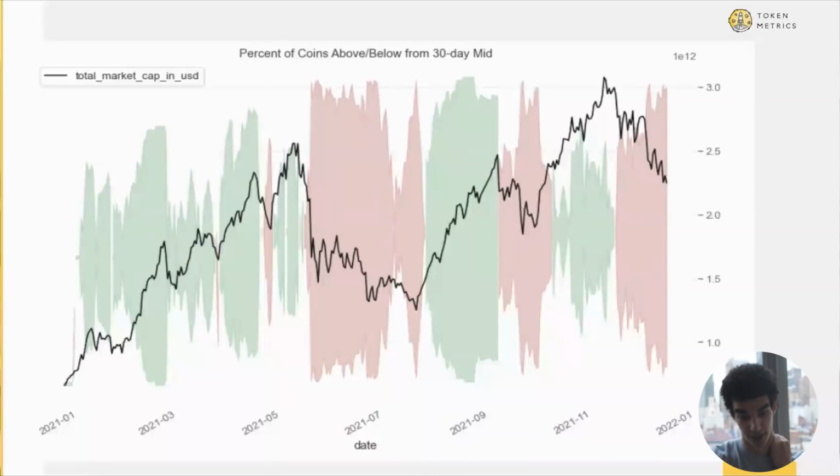Some insights we can look at: whenever the range of the cloud is extremely big, we are very bearish because a lot of coins are below that midpoint. For example, here where almost all of our coins were below, so we're bearish on the entire market at this point in time, on the total crypto market cap time series.